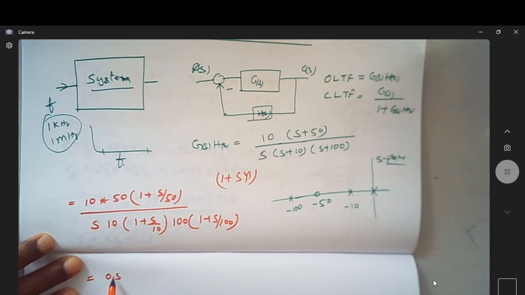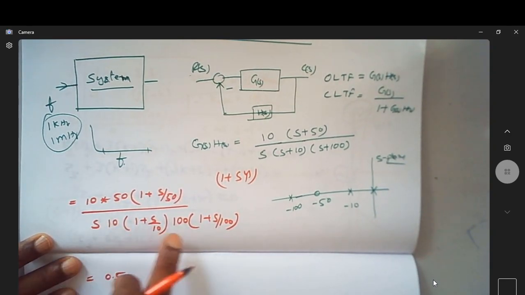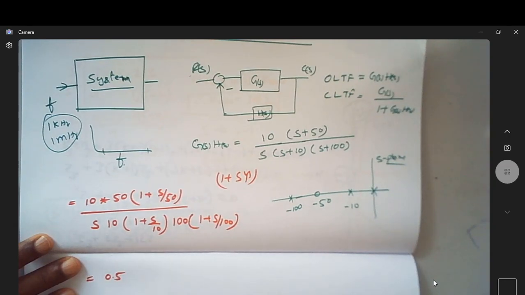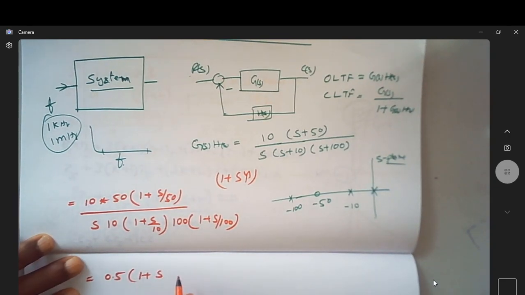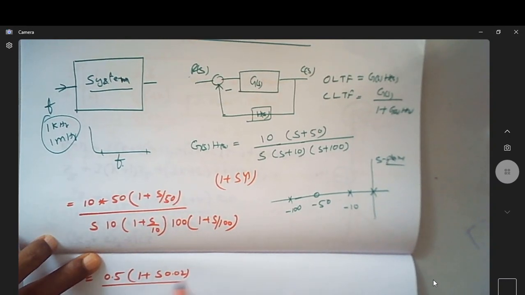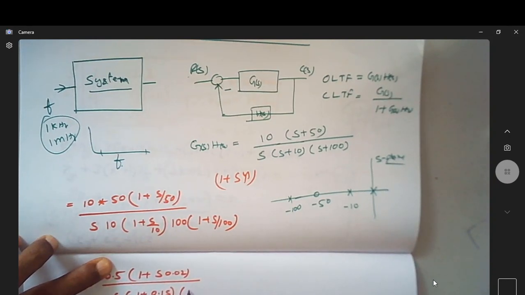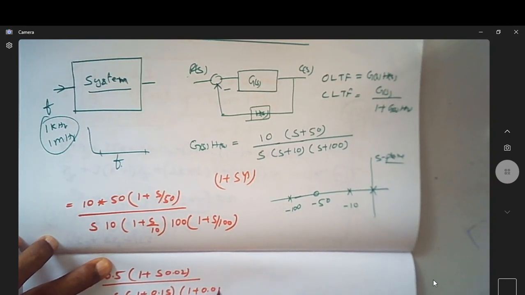So I have multiplied 10 into 50 divided by 10 into 100, which is 0.5, 500 by 1000, and 1 plus s into what is 50 inverse, it is 0.02, and this is s into 1 plus 0.1 s, and 1 plus 0.01 s.